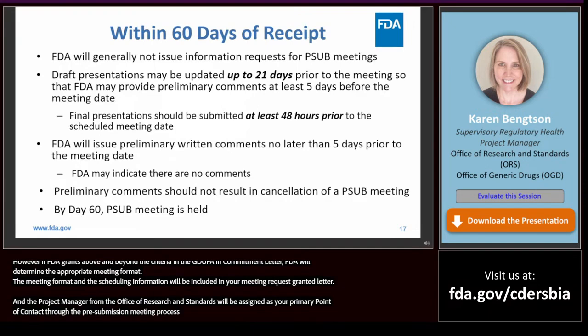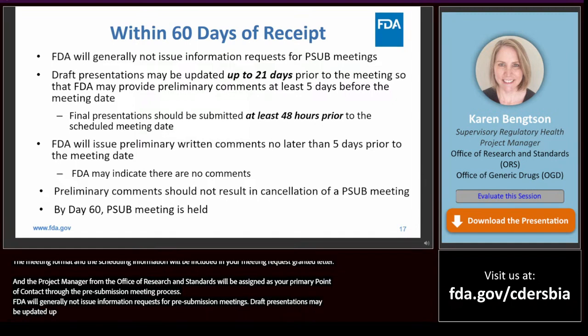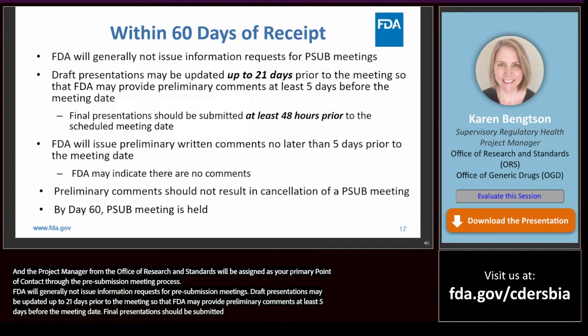FDA will generally not issue information requests for pre-submission meetings. Draft presentations may be updated up to 21 days prior to the meeting so that FDA may provide the preliminary comments at least 5 days before the meeting date. Final presentations should be submitted at least 48 hours prior to the scheduled meeting.